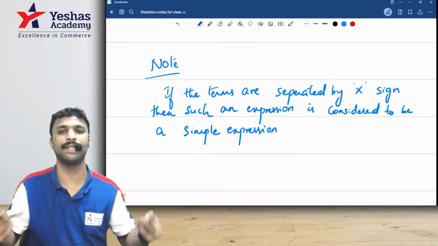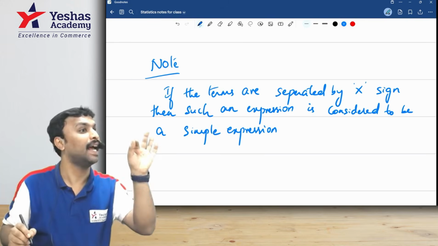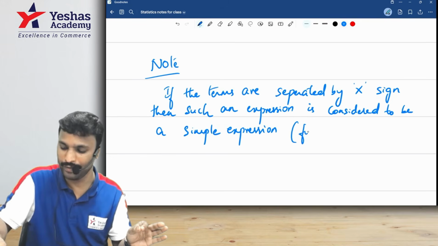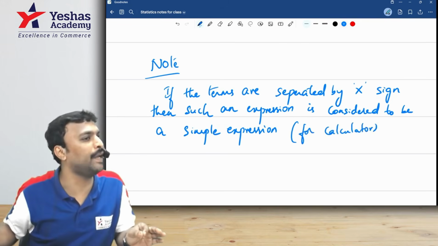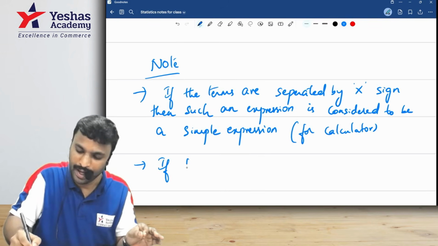When the terms are separated by into signs in between, that is considered a simple expression for the calculator.